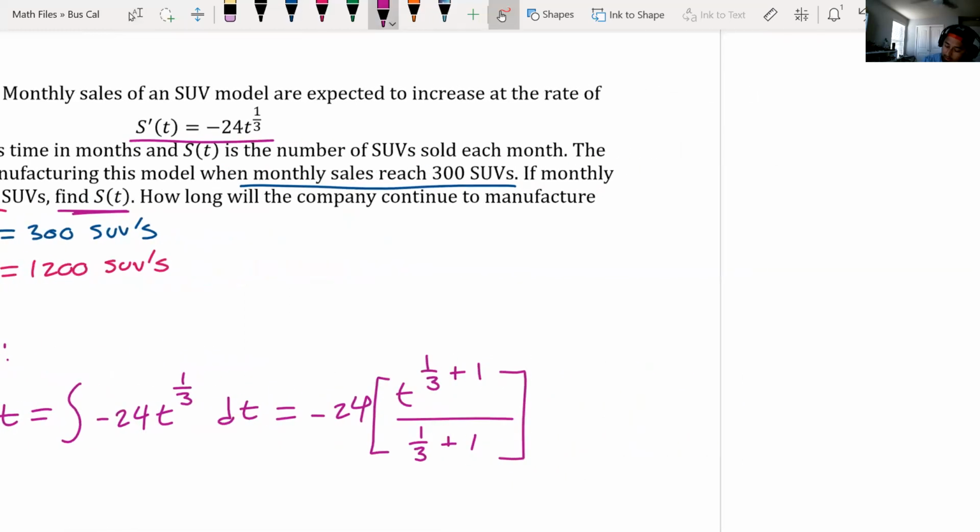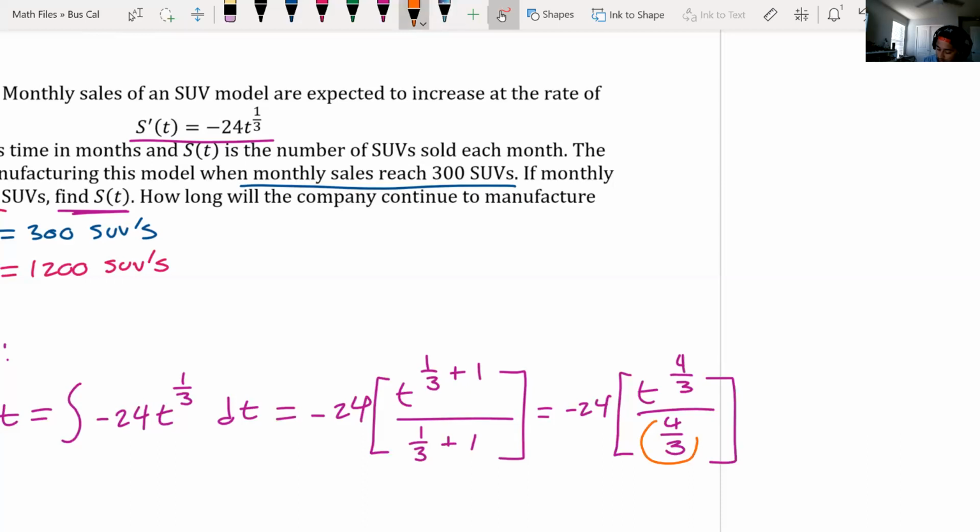Okay. And then you get negative 24 times, and 1/3 plus 1 becomes t to the 4/3 over 4/3. And of course, you will flip that.